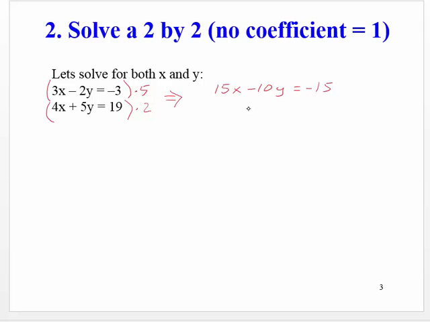So multiplying by 2, we get 8x plus 10y is equal to 2 times 19 is 38. Now, if I add these up, my y's eliminate. I get 23x is equal to 23. So x is equal to 1.